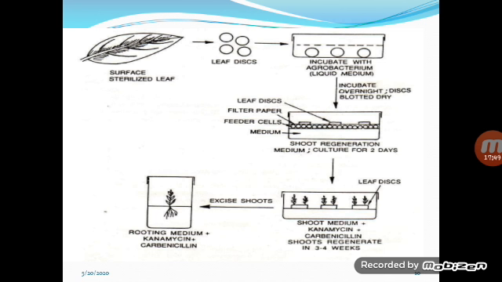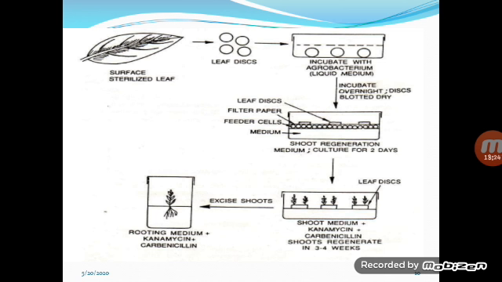Take a leaf and surface sterilize. The leaf will be used for leaf discs. Leaf discs are incubated with Agrobacterium in liquid medium. Incubate overnight, dry the discs, then shift these discs onto the solid medium.